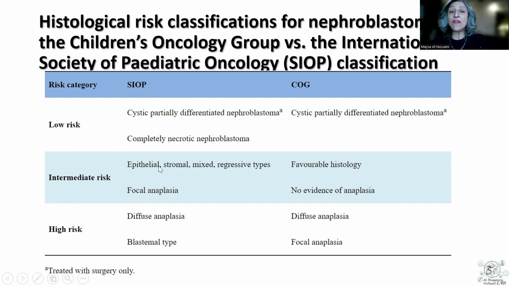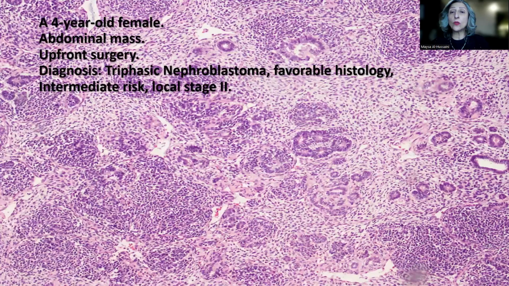Now, the way we evaluate with the SIOP is completely different. I'll be sharing some videos with you on how to evaluate Wilms tumor or nephroblastoma as per the SIOP protocol, because these patients would have received chemotherapy prior to surgery.